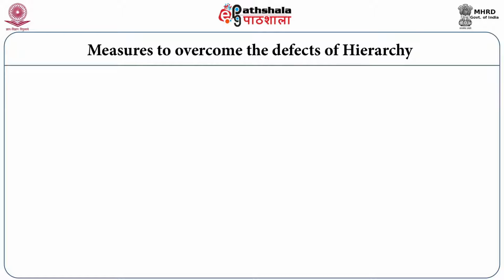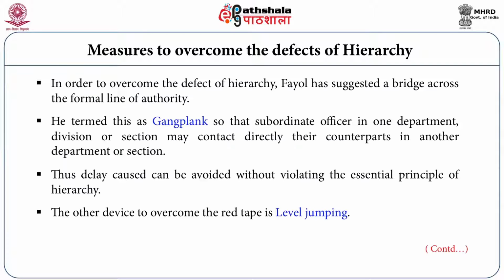Here we will find some of the measures taken by the scholars to overcome the demerits of hierarchy. Among them, Henri Fayol is the one who proposed certain alternatives to avoid these demerits. Now here we have to learn two concepts. One is gangplank, the other one is level jumping. Let us see what they mean.